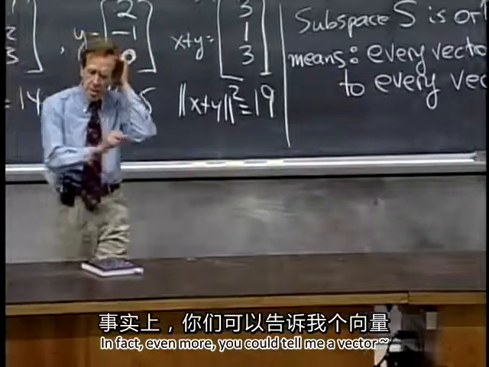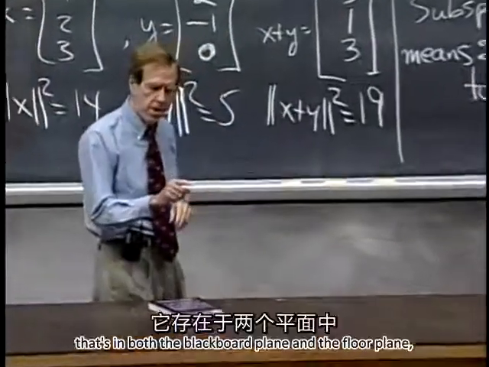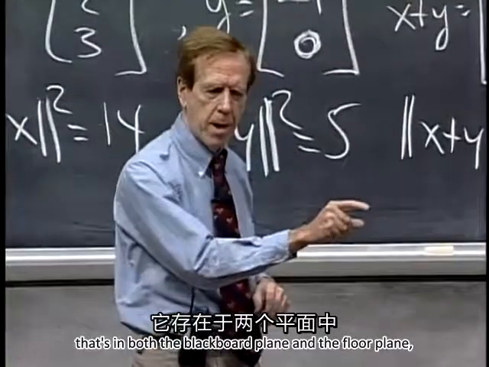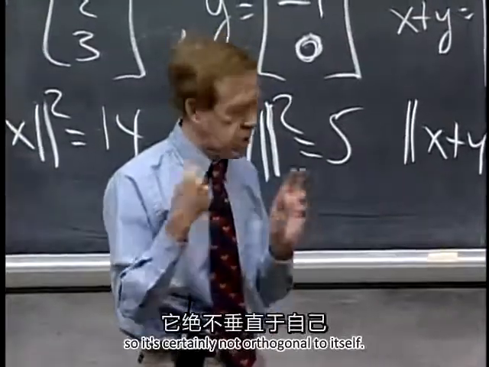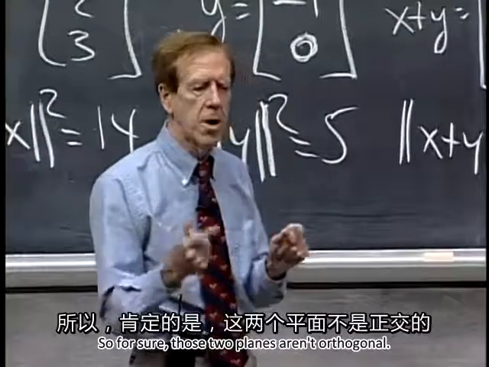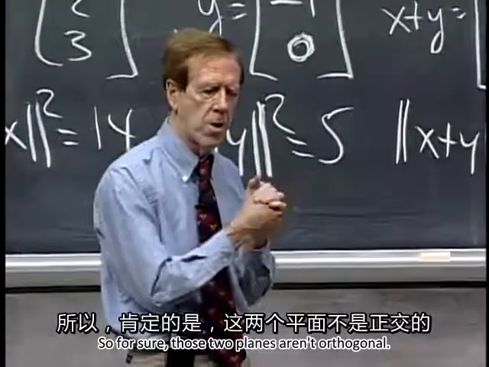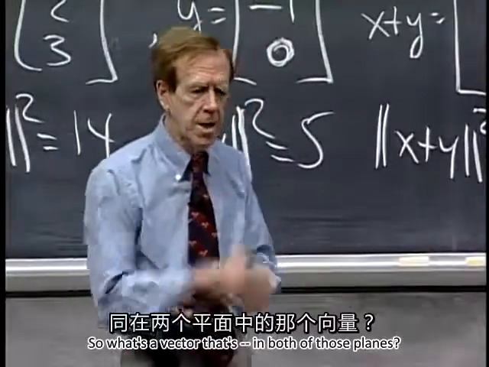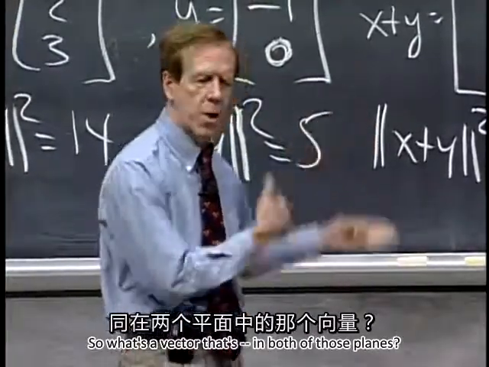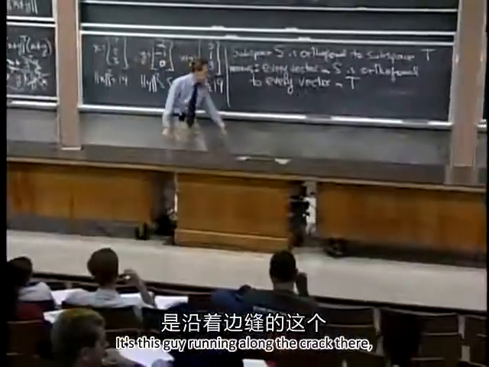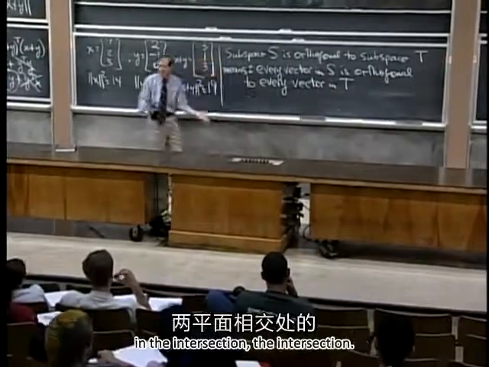In fact, even more, you could tell me a vector that's in both the blackboard plane and the floor plane, so it's certainly not orthogonal to itself. So for sure, those two planes aren't orthogonal. What would that be? So what's a vector that's in both of those planes? This guy running along the crack there, where the intersection.